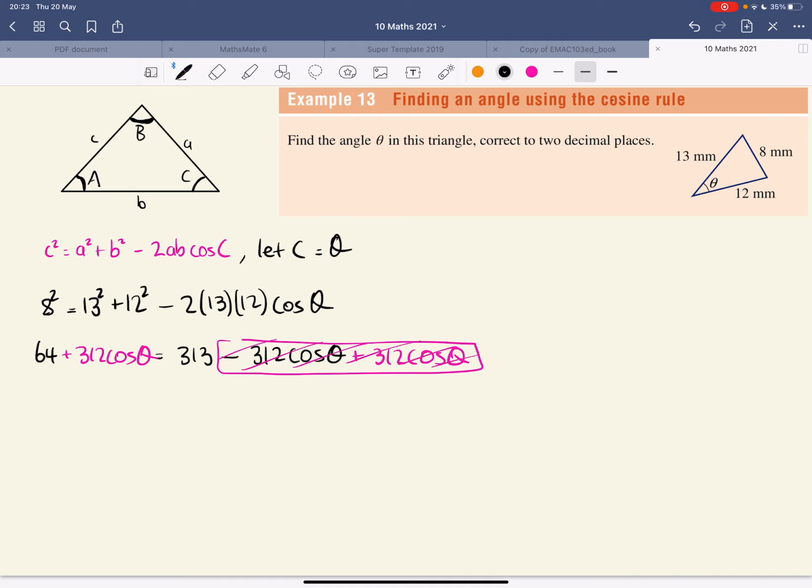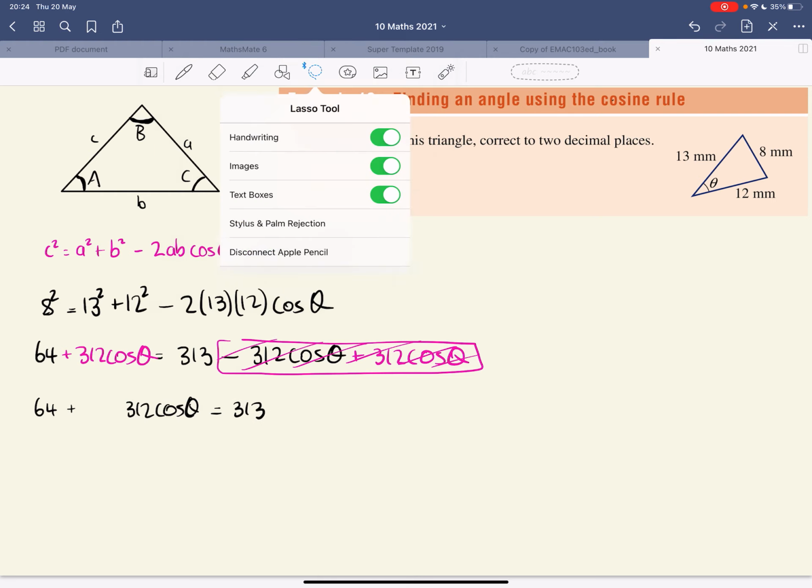And I'm now left with 64 and 312 cos theta equals 313. So now I've got this nice expression here, or term. I want to remove 64. I will do it by subtracting 64 from both sides.